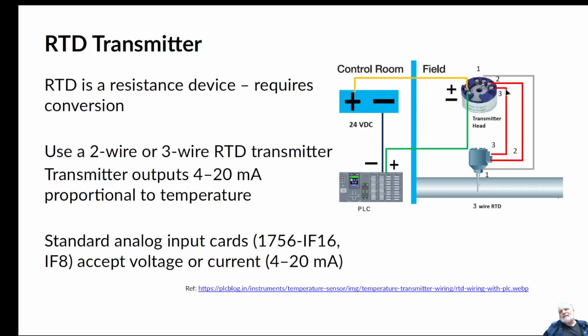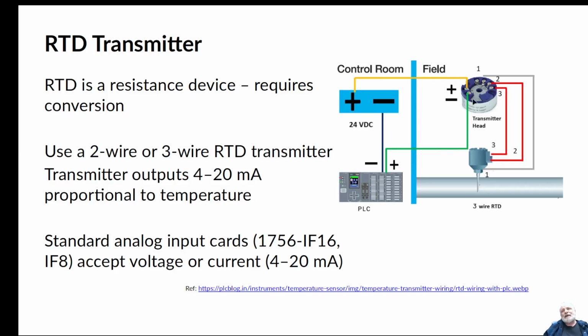So what they're doing is they're going to run the current through this RTD and then measure the voltage. So this transmitter is driving a current through the RTD and then measuring the voltage across the resistance inside that RTD. And then it's going to convert that into a 4 to 20 milliamp current to send to the PLC. So that's what these transmitters do.